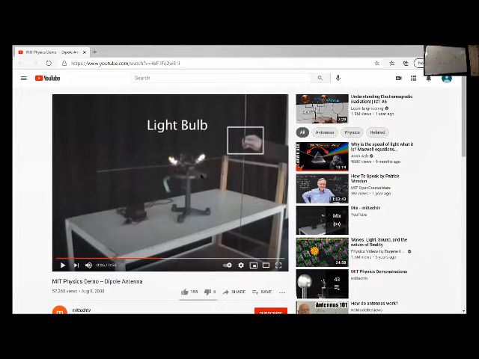Is this light bulb connected to the power source? No. Not with physical connections. It's in the same world. Here we go. Ready? The light bulb is not lighting. I would probably say it's not connected. Here we go.